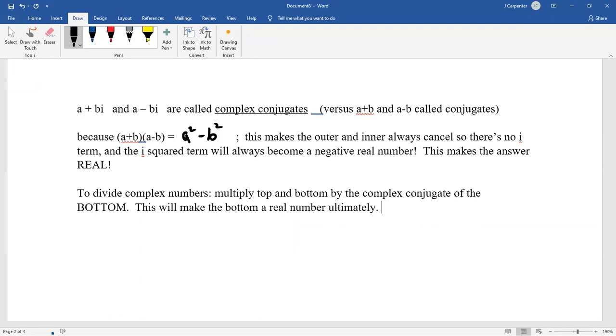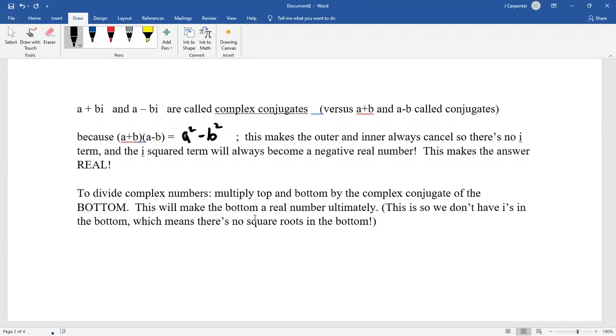And the reason we can't have i's in the denominators is because we can't have square roots in denominators. So this dividing of complex numbers means multiply top and bottom by the complex conjugate of the bottom.